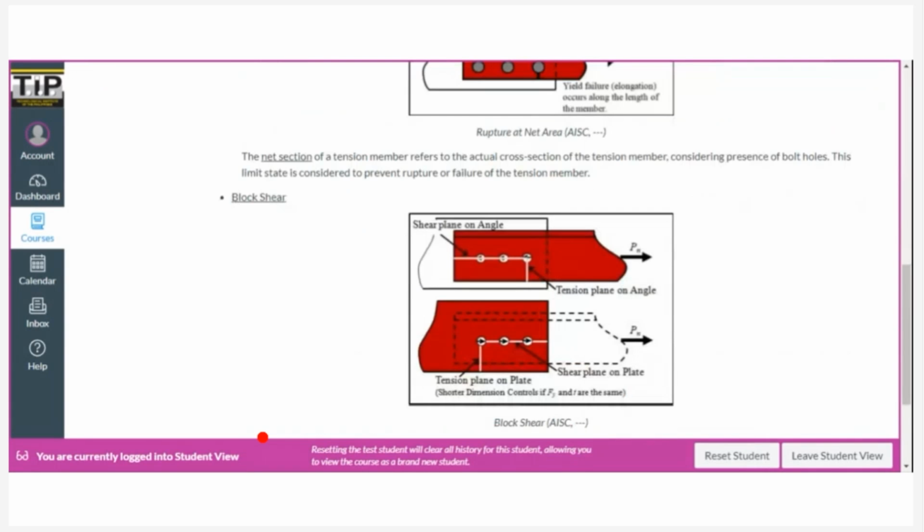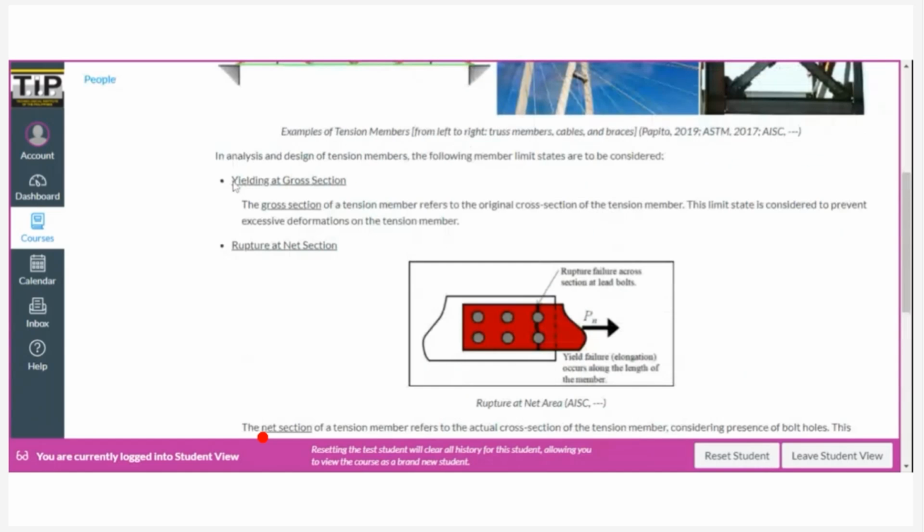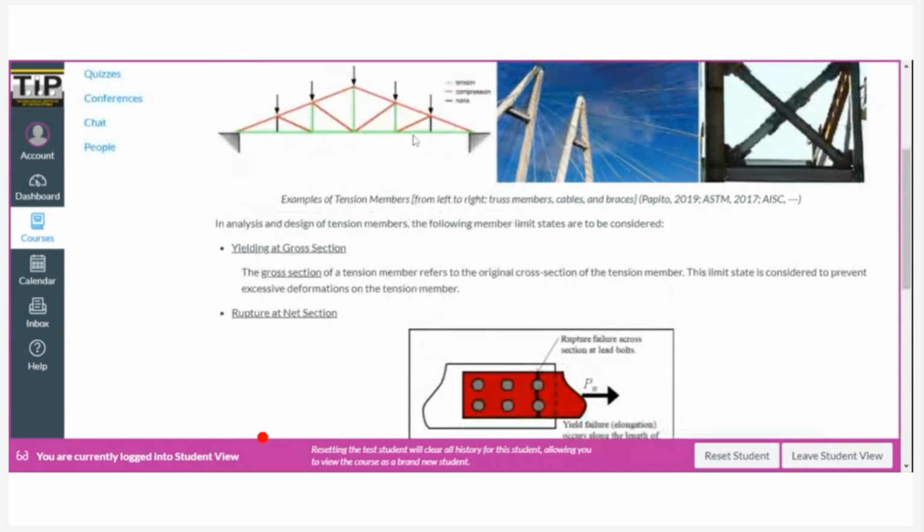So for yielding at cross section, for an instance, we have a member here. So these ends are connected, say, by bolts. So the cross sectional area at the part where the connection is not located.